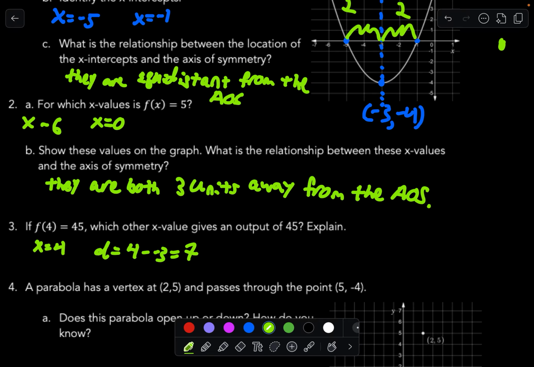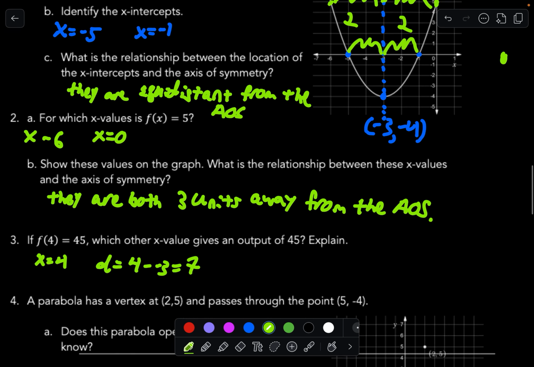So that means there must be another point 7 units to the left from the axis of symmetry. That would also give you the same output.